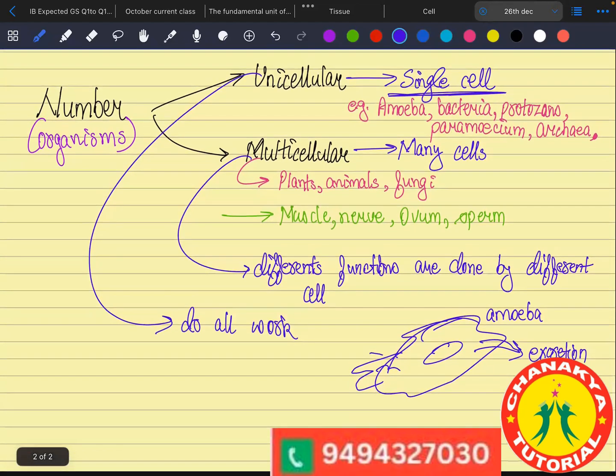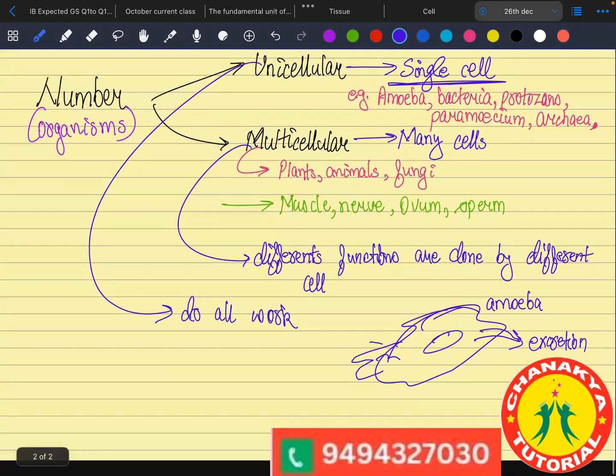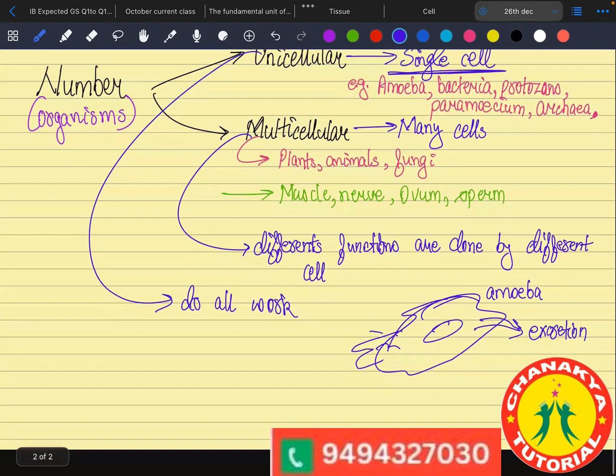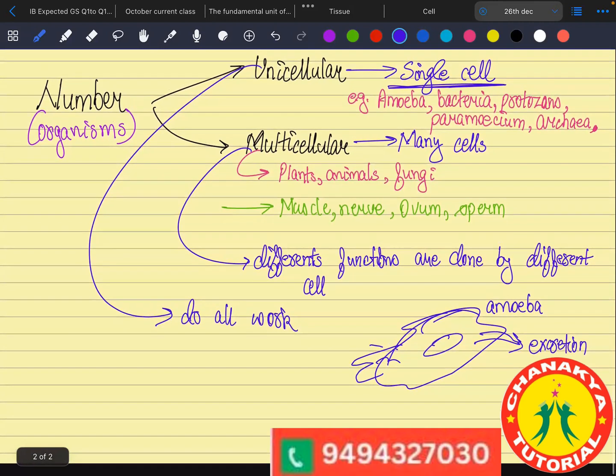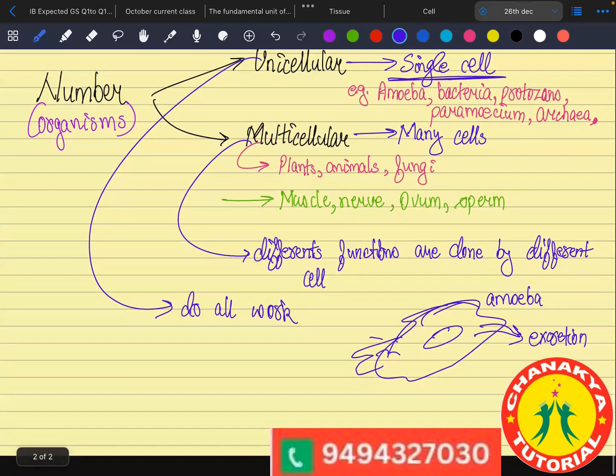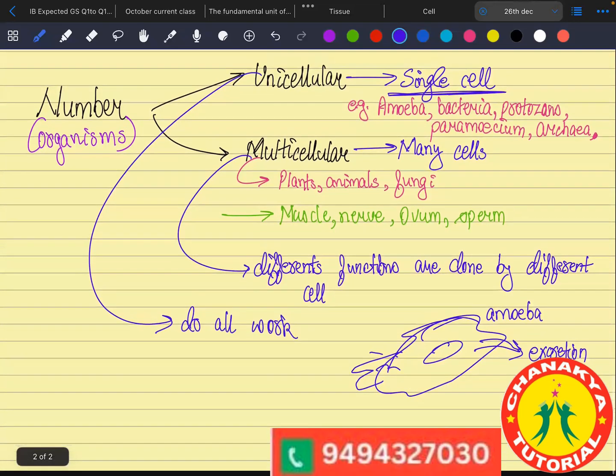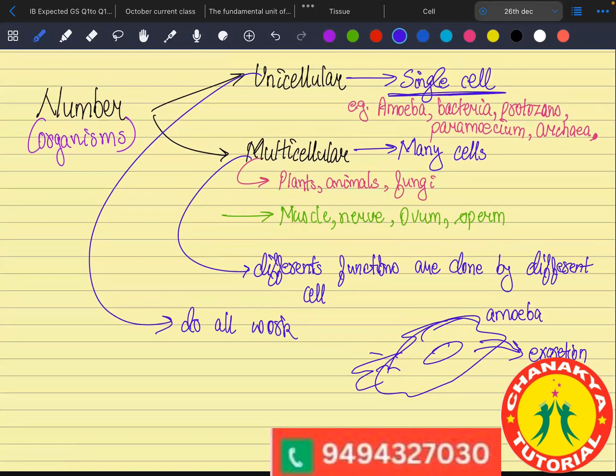If someone is from a poor background like me, then I teach also to make my earning. Fine, so like that, all of the work is done by a single cell only. So this is the basic difference between unicellular and multicellular. Any doubt until now?